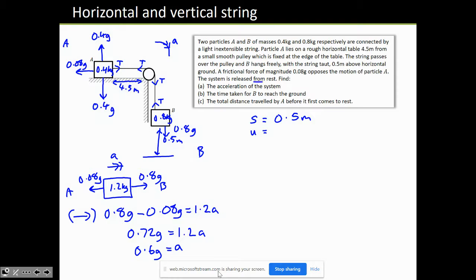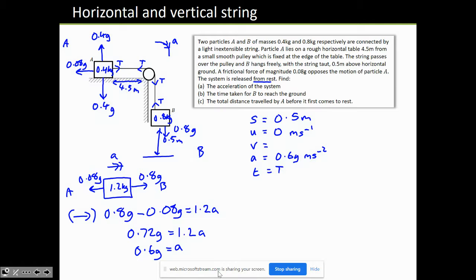We are released from rest, so our initial velocity is 0. We don't know what our final velocity is. We know our acceleration is 0.6 g meters per second squared. And the time is what we're trying to calculate, so I'll call that capital T.